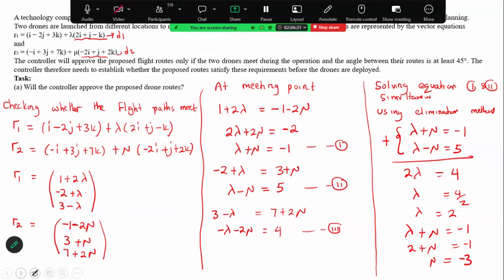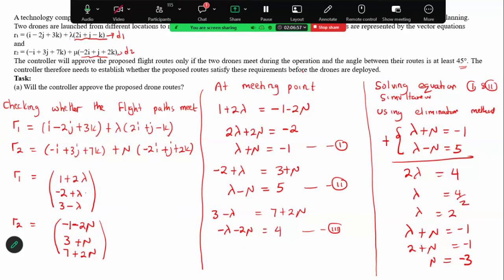Now they say that the controller will approve the proposed flight routes only if the two drones meet during the operation and the angle between their routes is at least 45 degrees. So now you are going to make your conclusion basing on that. You will say that the drones meet at 501, and since 47.124 degrees is at least 45 degrees, the minimum requirement is satisfied.